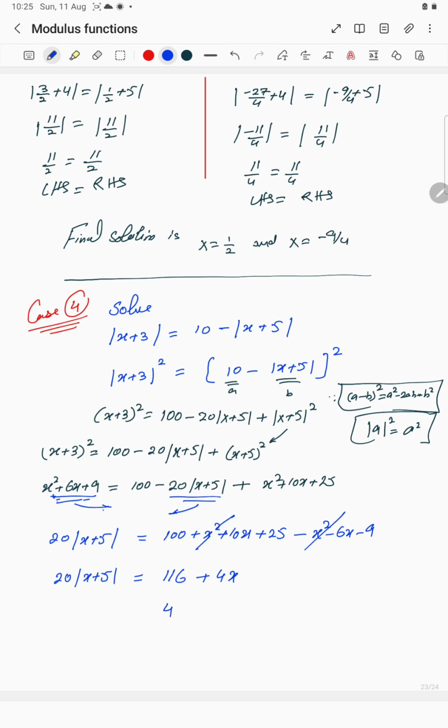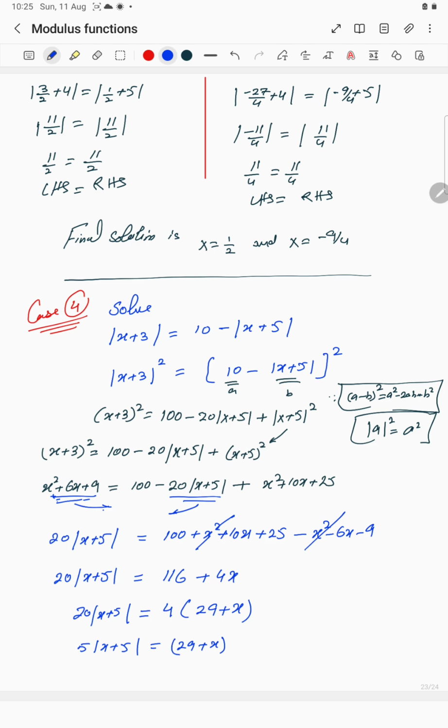So we can take further simplification. 4 times 29 is 116, so 4 times (29 + x) equals 20 times |x + 5|. Further we can divide by 4, and we get 5 times |x + 5| equal to 29 plus x.